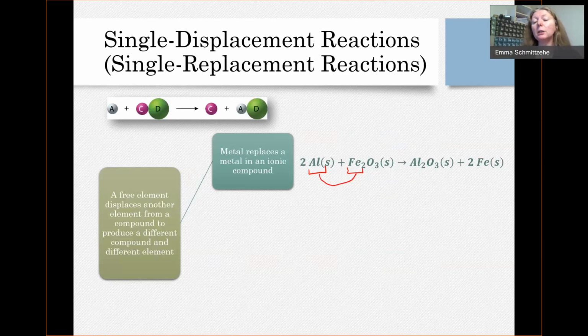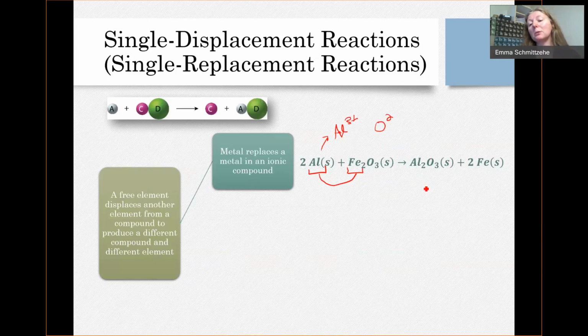Now you do have to be a little bit careful here. When the metal replaces the other one, you have to figure out the formula of the compound, think about the charges. Okay, so in this case, you would think about when aluminum forms an ion, what charge does it form? And it forms an Al3 plus. And so then when it combines with oxygen, it's combining with O2 minus. And so that's where the Al2O3 comes from.